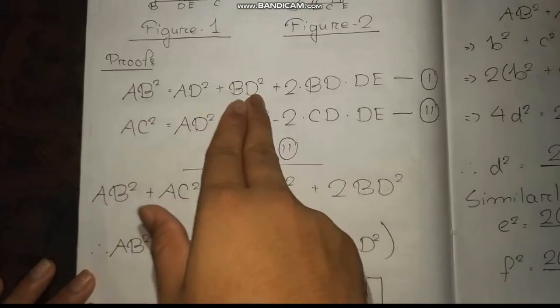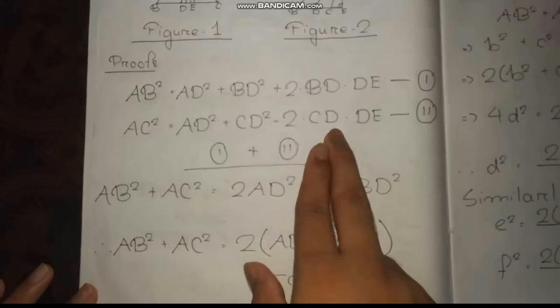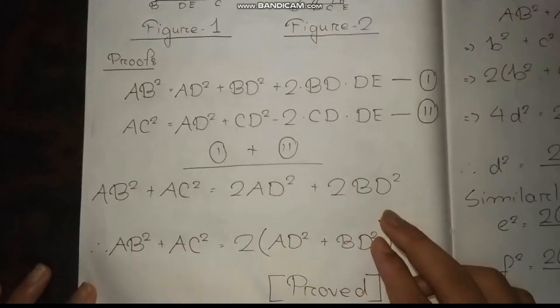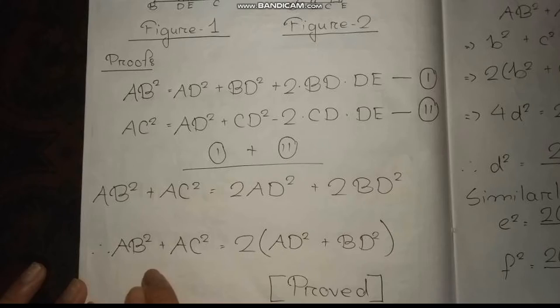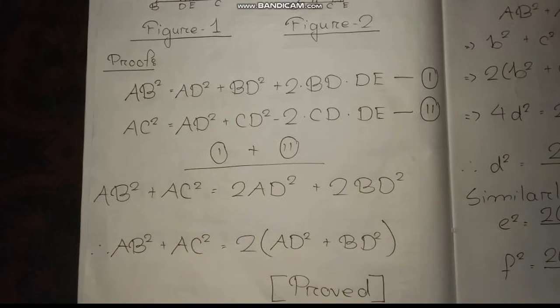So BD squared plus BD squared gives 2 BD squared, and BD is equal to CD, so these cancel out and 2 is common. This is the theorem of Apollonius, and it will be very handy in the upcoming exercises, especially 3.2 maybe, as in 3.1 there are not many applications of this.